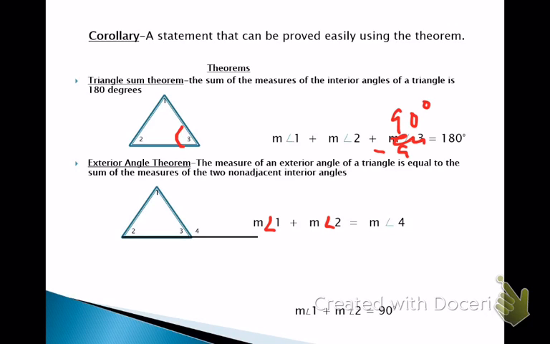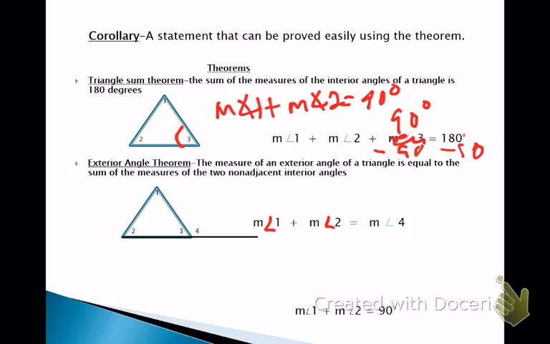So if we subtract 90 from both sides in this equation, then what we'd be left with is the measure of angle 1 plus the measure of angle 2 equals 90 degrees. Well, if angle 1 and angle 2 add to 90, then by definition, angle 1 and angle 2 are complementary. So what this corollary says is exactly that.